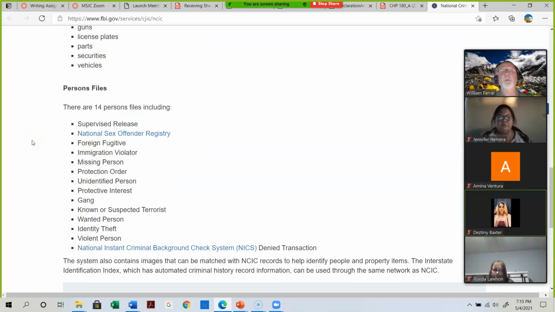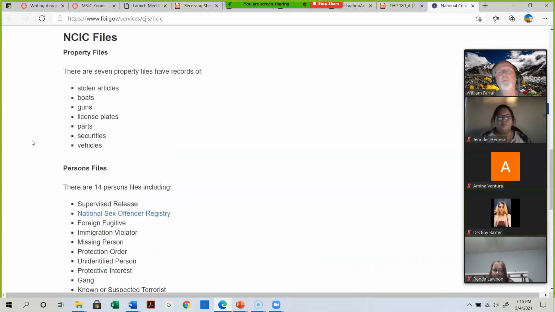It covers the sex offender registry. So you can run someone, what we call NCIC, and find out if they're a registrant somewhere, if they're a gang member, if they have a protective order against them, if they're a missing person, etc. So there's just a lot there. So that's why this website is so important.